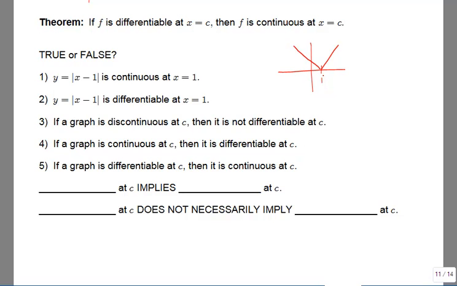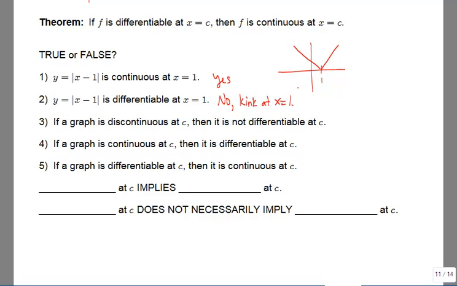First question, is that continuous at 1? Yes. You can draw that entire graph without ever once having to lift up your pencil due to a jump, a hole, or an asymptote. Question 2, is this graph differentiable at 1? No, and that's because it has a kink at x equals 1.